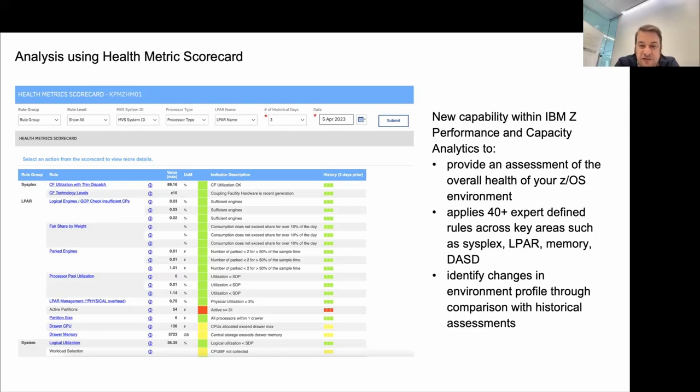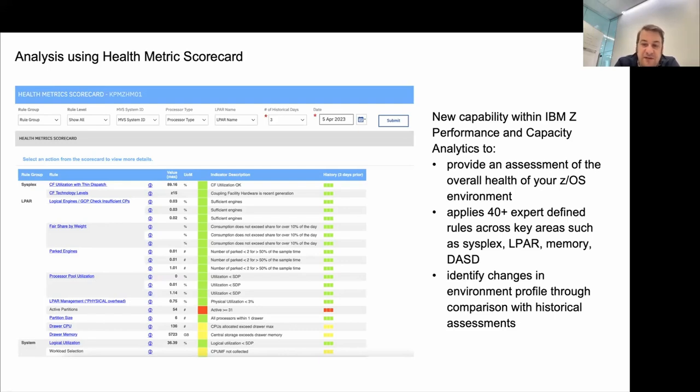Now, these rules are not just something that we've made up or made a guess at. These are rules that we have worked closely with IBM's Washington Systems Center and other key experts on, in order to understand what they would interpret as the important capabilities and the important thresholds that would be required to identify a healthy system.